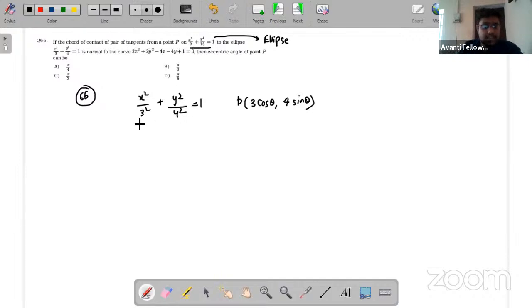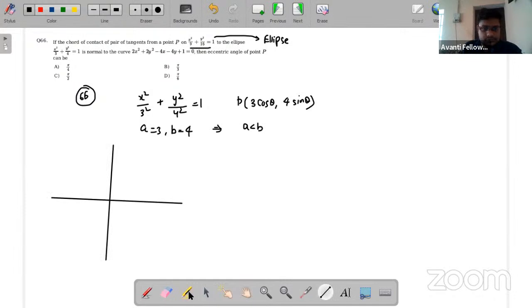The ellipse is actually a vertical ellipse because here a is 3 and b is 4. So clearly a is less than b, so it will be a vertical ellipse. So we'll draw a vertical ellipse. These endpoints are a, 0 and minus a, 0, that is 3, 0 and minus 3, 0, right?